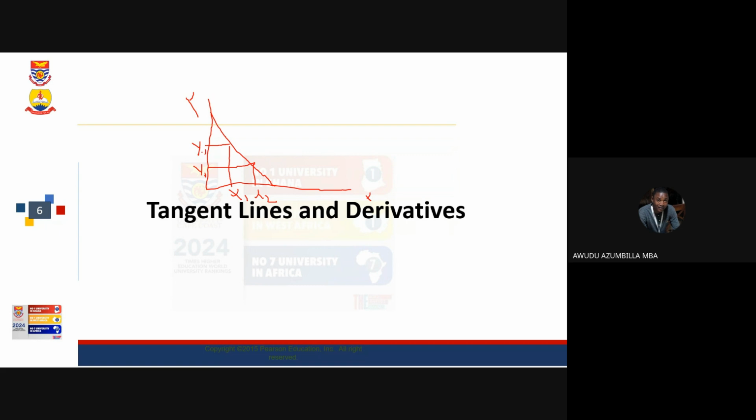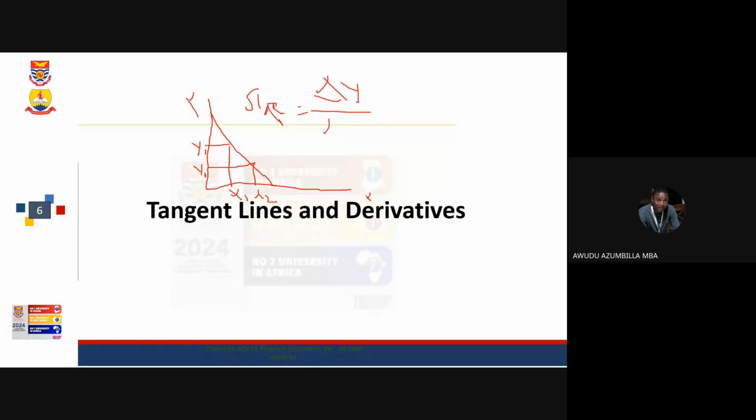Now, I was saying that if we want to find the slope of a straight line, we always find coordinates. Then we use the slope formula. The slope is what? Change in y over change in x.